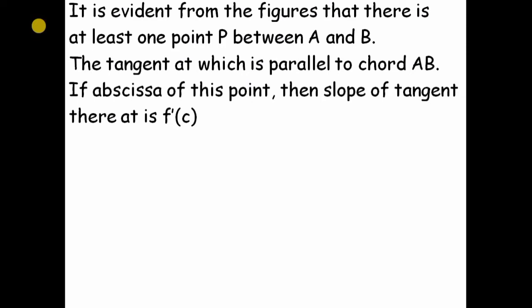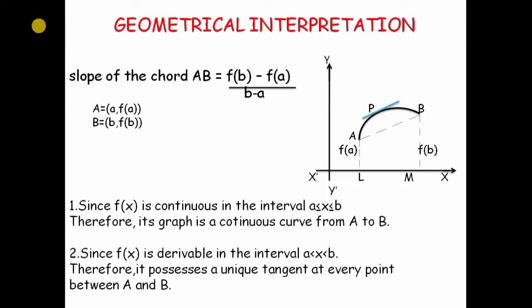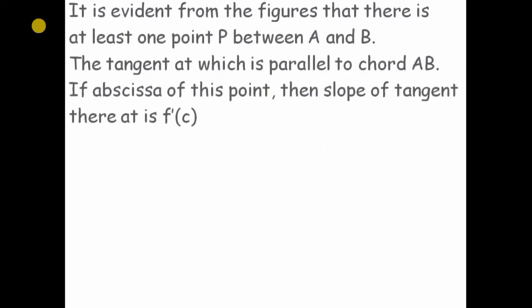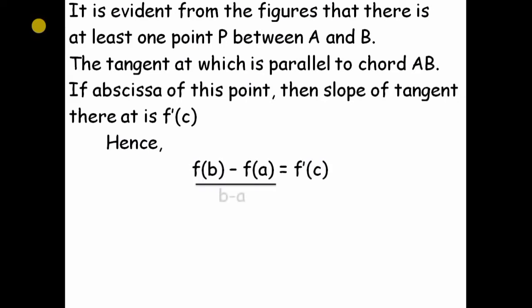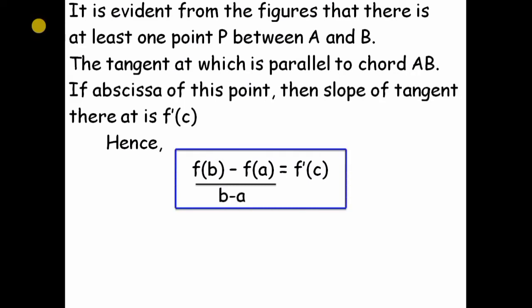If the abscissa of this point is c, then the slope of the tangent there is f dash c. So if c is a point where the tangent is parallel to the chord AB, then the slope of the tangent, f dash c, must be equal to the slope of the chord AB, which is f of b minus f of a upon b minus a.